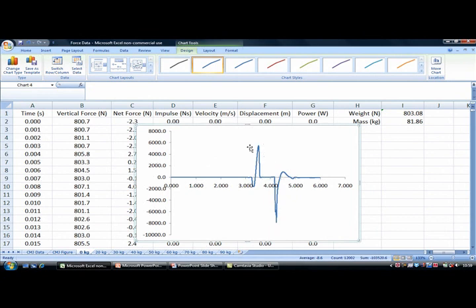And what we're interested in is what's our peak positive power value during that concentric phase. So you can see from the graph, I mean quite hard to see on this scale, but it's probably somewhere between 5,000 and 6,000 watts.